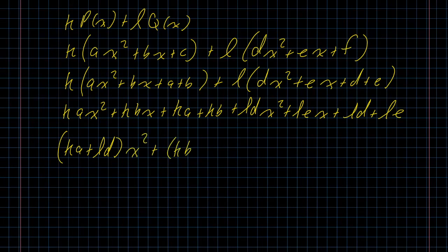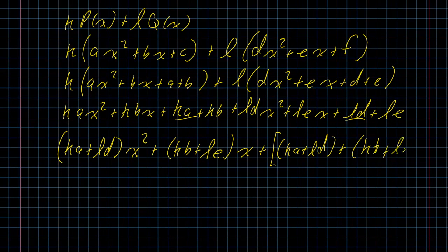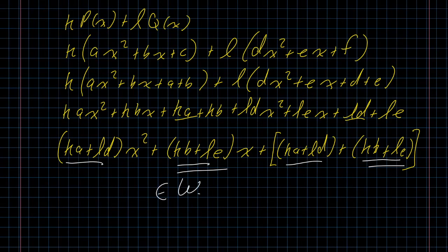I have (Kb plus Le) all times x. And I have constants, which I'm going to group as Ka plus Ld plus Kb plus Le. And if you notice, this absolutely is in the form of something in W.